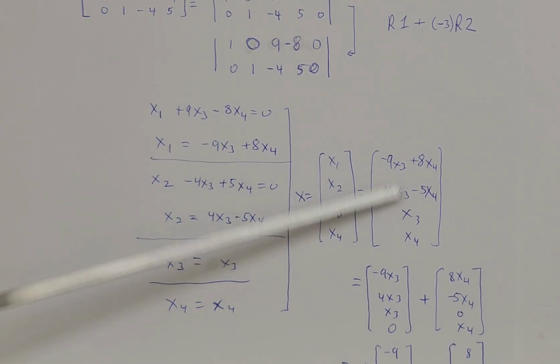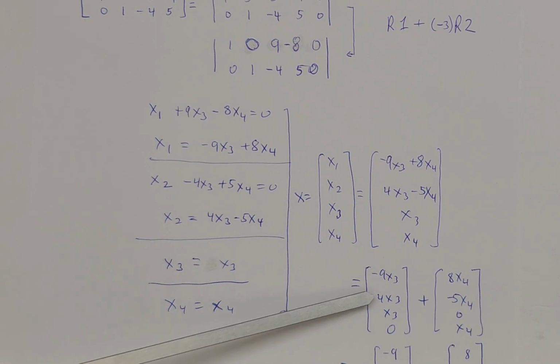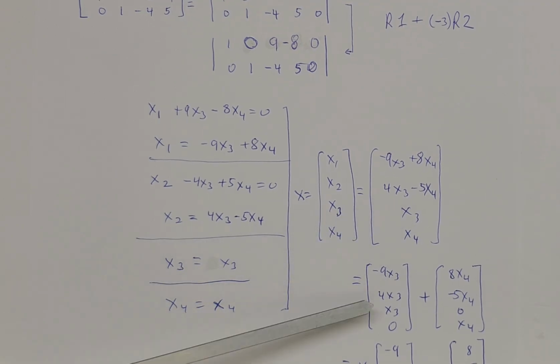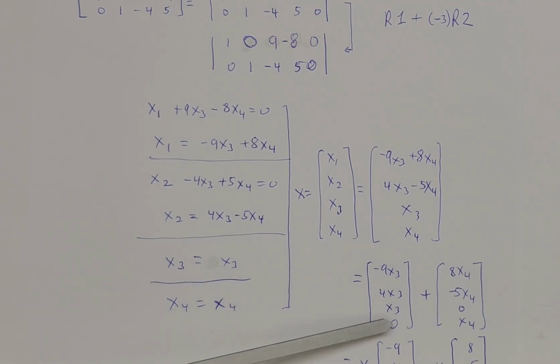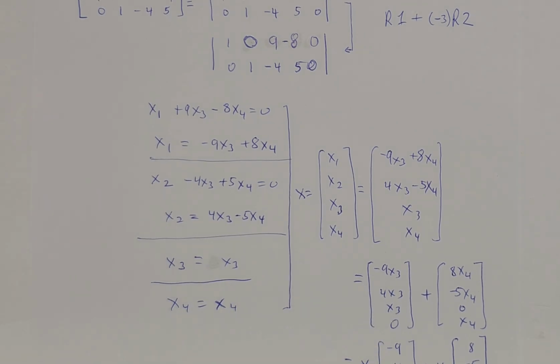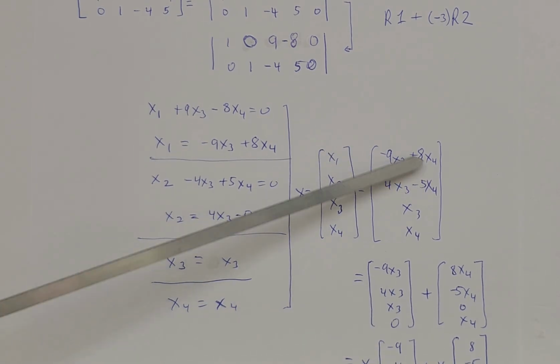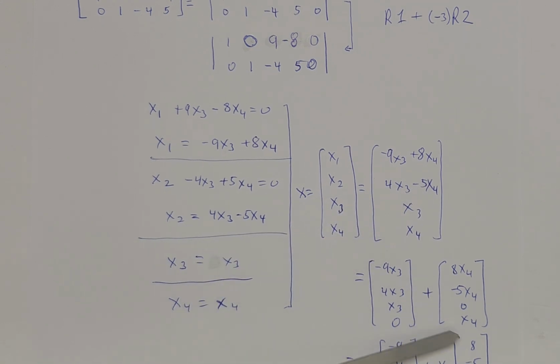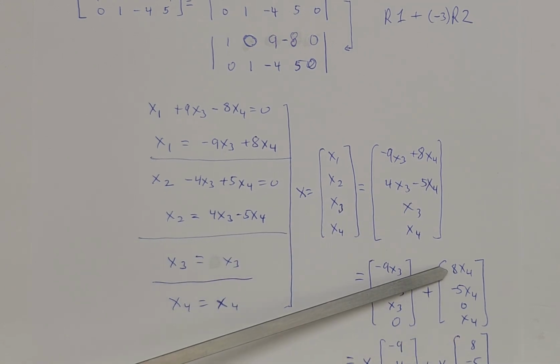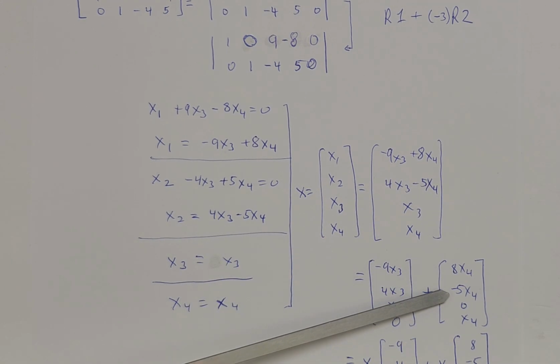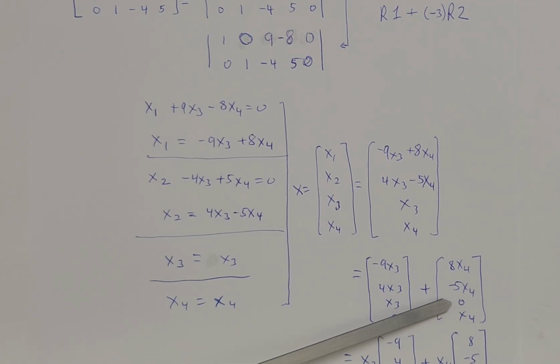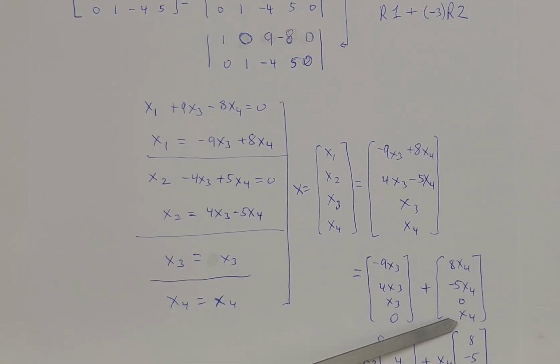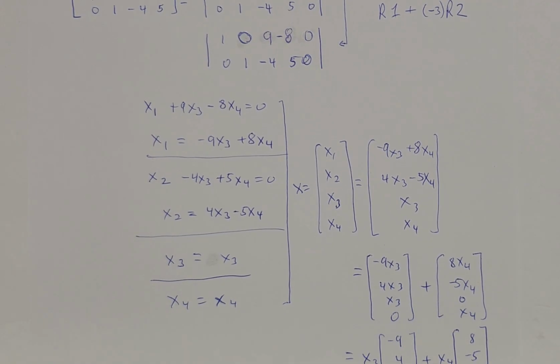For x3, I have -9, 4, and x3 right here. We don't have anything for the fourth one, so leave that alone. For x4, the first one I have 8, second I have -5. There's nothing for the third, so we put 0. But there is an x4, so that is right there.